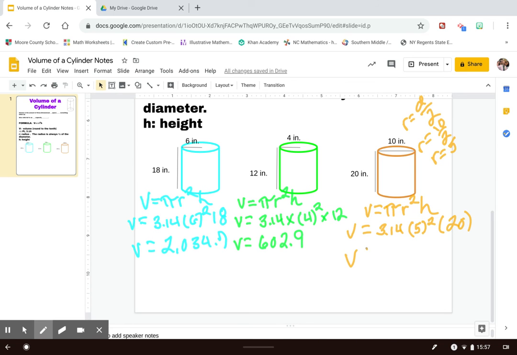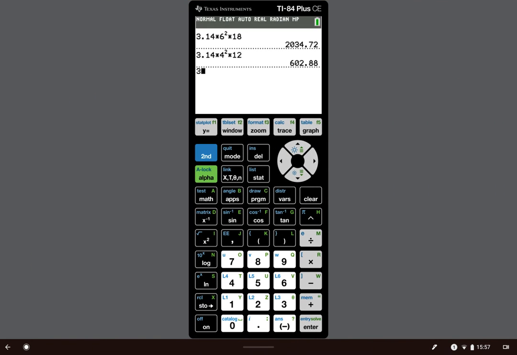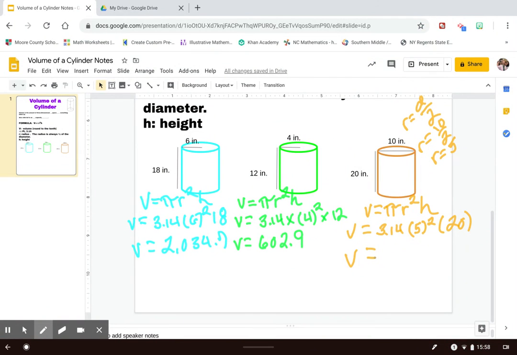So here my volume is going to equal 3.14 times 5 to the second power, 5 squared, times 20, which is 1,570. So I simply type 1,570.